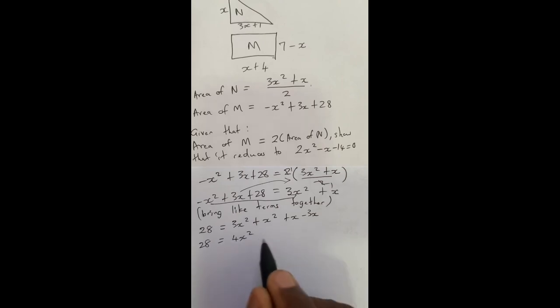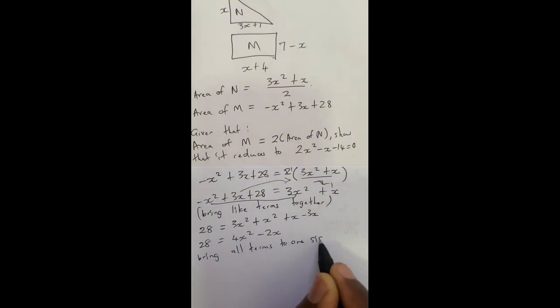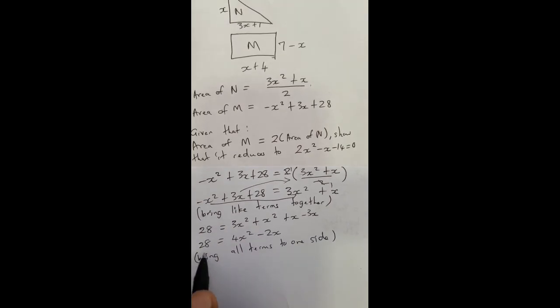So this will give us 4x squared plus x minus 3x, which gives us minus 2x, and 28 equals 4x squared minus 2x. Then we bring all the terms to one side so that we can equate to 0. And this will now leave us with 4x squared minus 2x minus 28 equals 0.